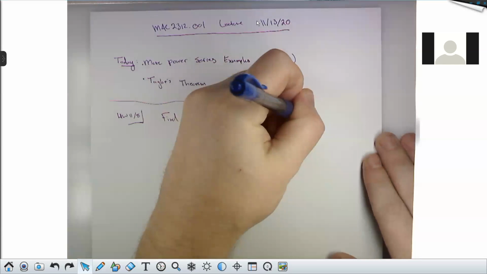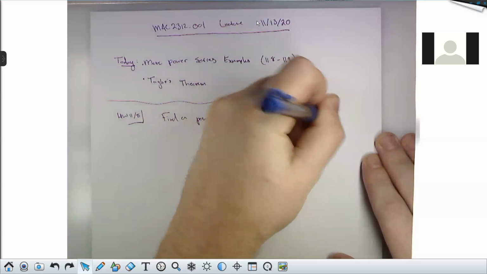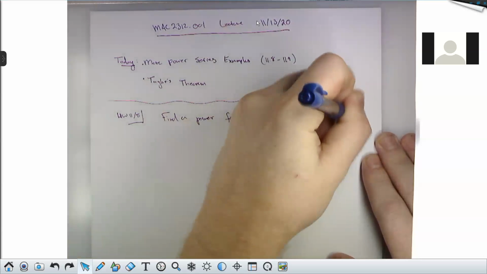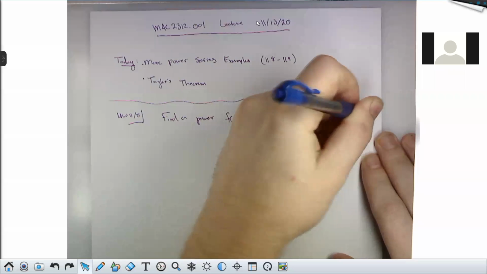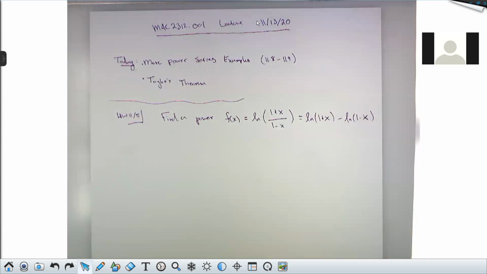My very first step would look like this. Remember, a logarithm of a ratio is the difference of the logarithms.